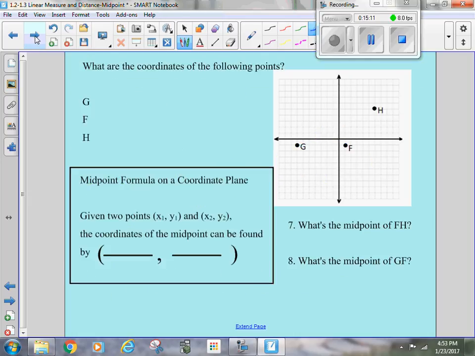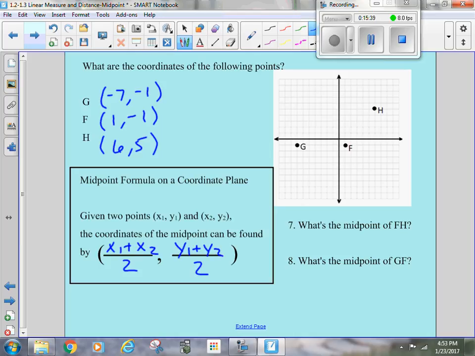So again, we already found the coordinates. G is at -7, -1. F is at 1, -1. And H is at 6, 5. But now we're going to talk about midpoints in a coordinate plane. So the midpoint on a coordinate plane is found by x1 plus x2 divided by 2, and then y1 plus y2 divided by 2.